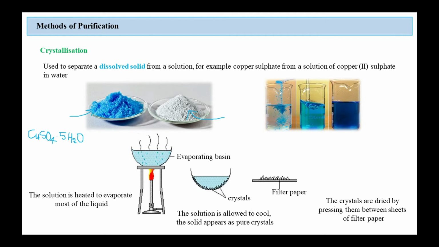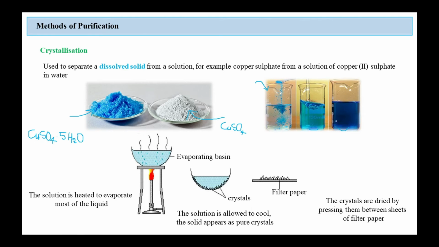But in the anhydrous form, this means that those crystals lose their water of crystallization, which means that the formula here is CuSO4, which means that there is no water of crystallization in this form, which is white in color. Now, by dissolving CuSO4 crystals in water, we can make an aqueous solution, as you can see here.